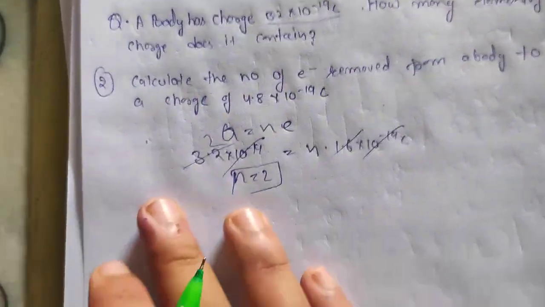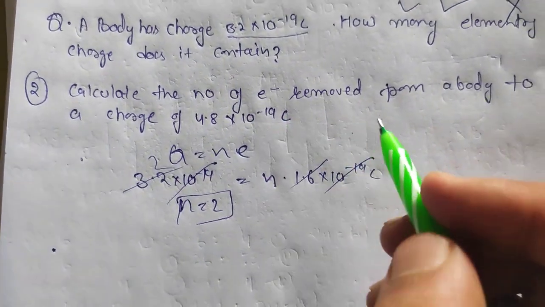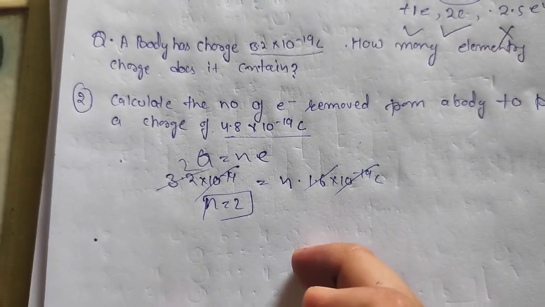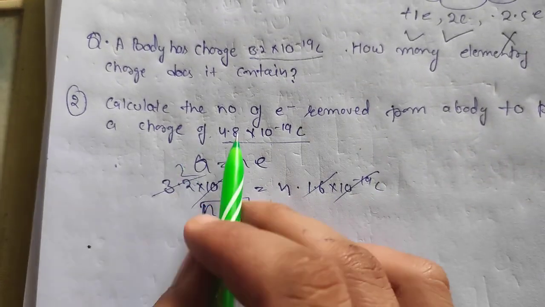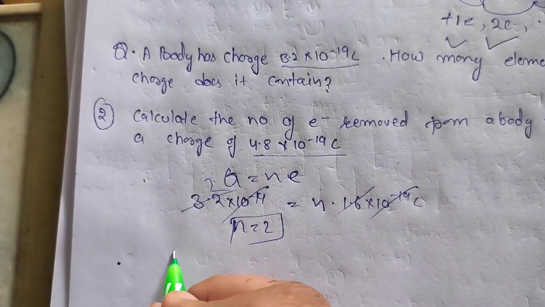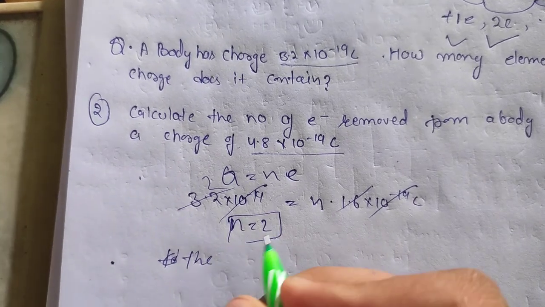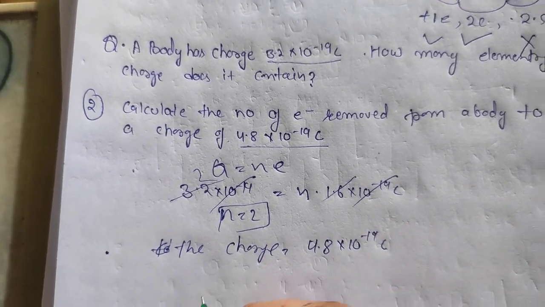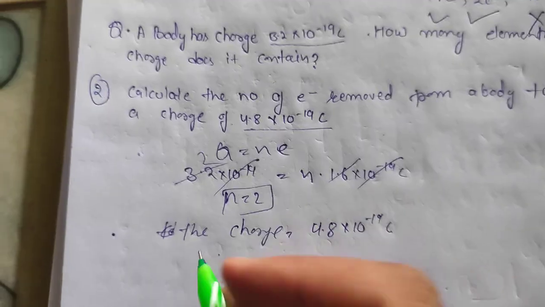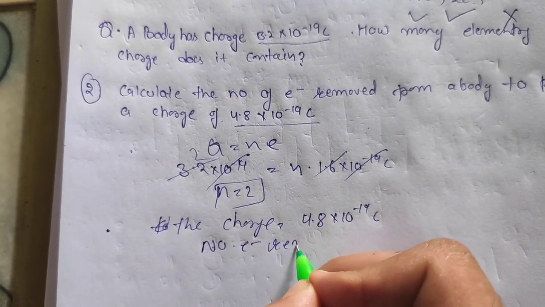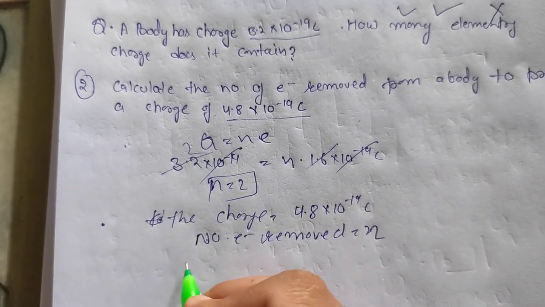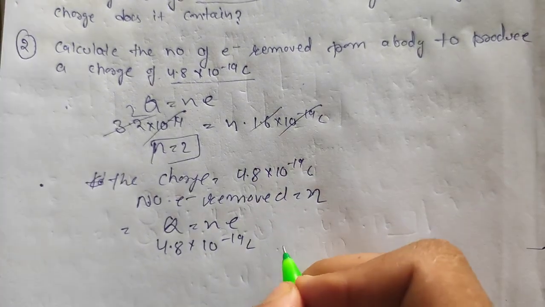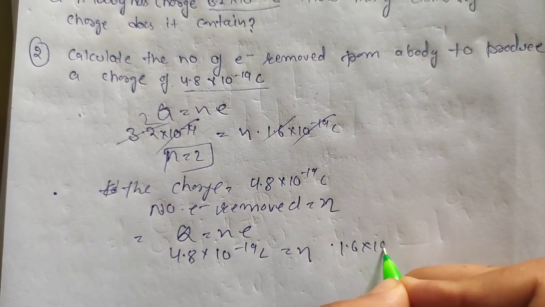Overall 2 elementary charges. The second question: calculate the number of electrons removed from a body to produce a charge of 4.8 into 10 to the power minus 19 coulomb. Using quantization, n = Q / e, which is 4.8 into 10 to the power minus 19 coulomb divided by 1.6 into 10 to the power minus 19 coulomb.